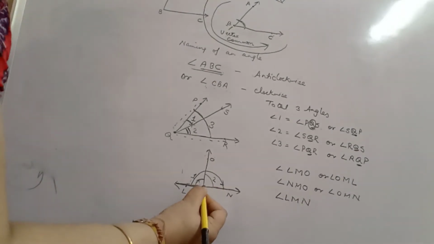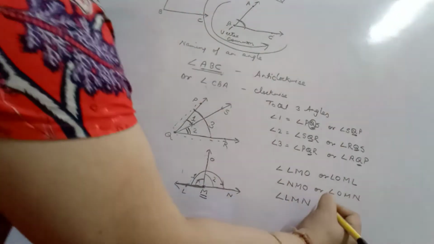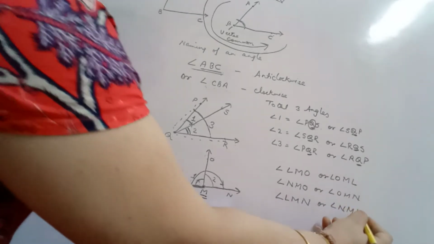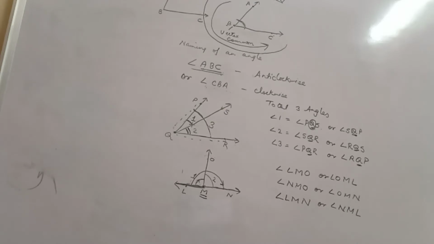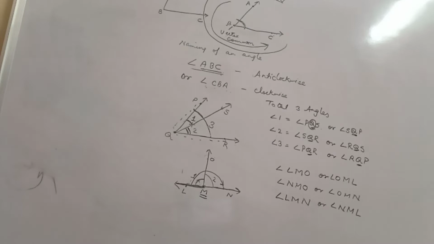Again M should be at the center because M is the vertex. Or I can write angle NML. So I suppose that you are able to understand how you can name angles.